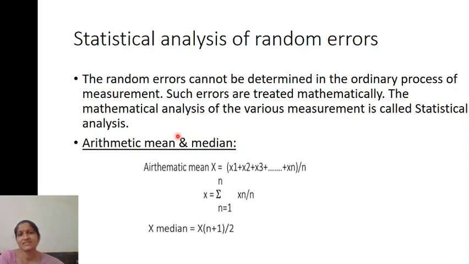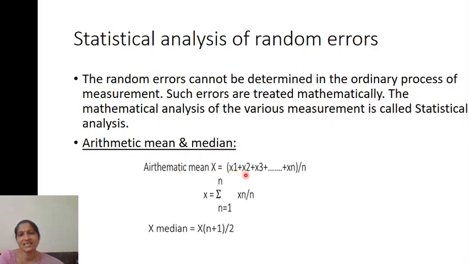For that, what are the different mathematical analyses? In the lower classes you might have heard about the mean, median, like this. We shall discuss them now. Those methods are useful for the statistical analysis of random errors. The first one is the arithmetic mean and median. What does arithmetic mean mean?